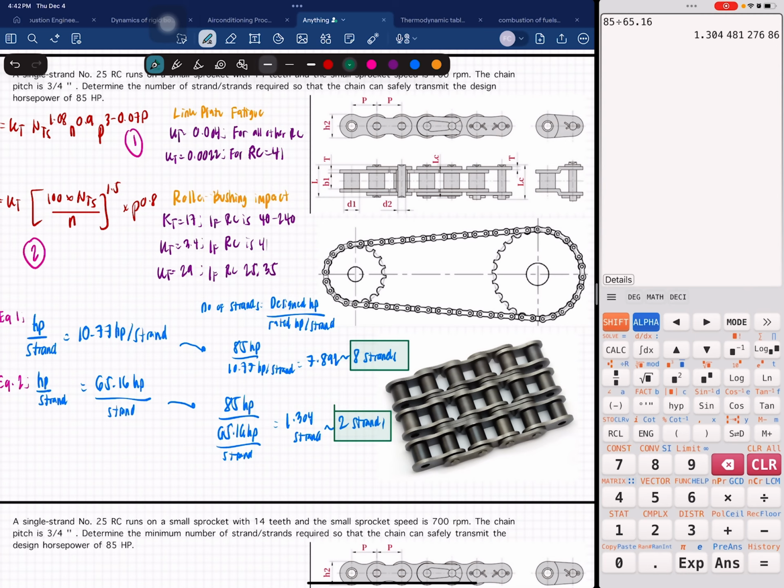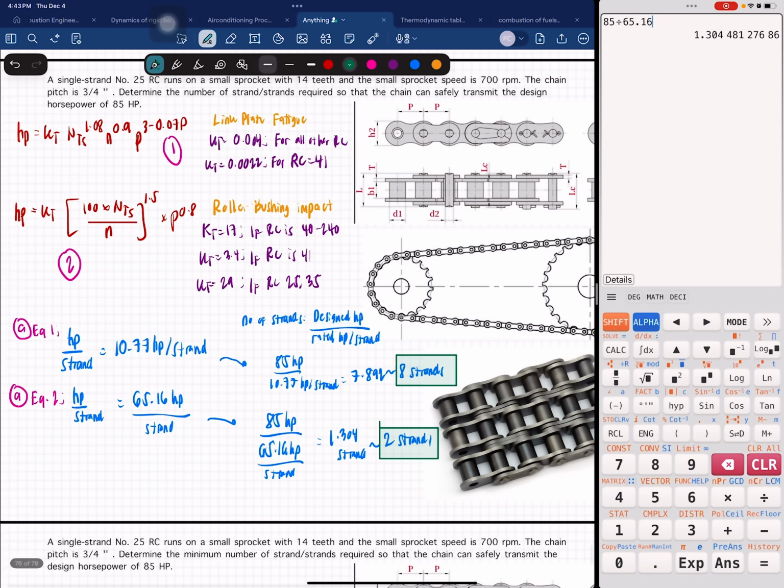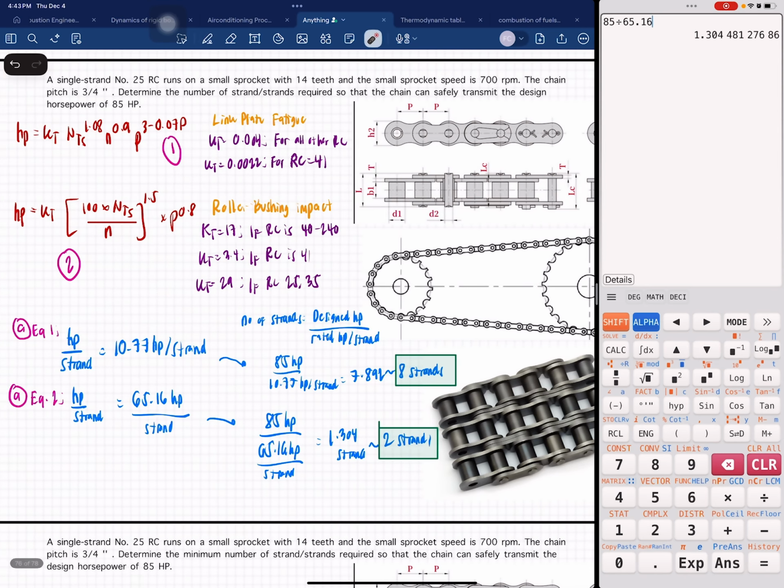Okay, so what does Fires mean by use the lower HP? You have to use the lower HP rating, or the lower rated power of the strand, so you would have more strands.